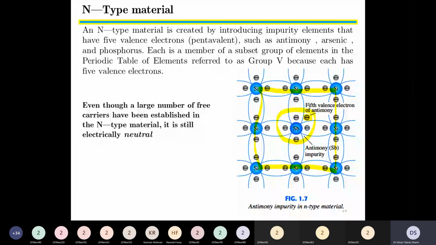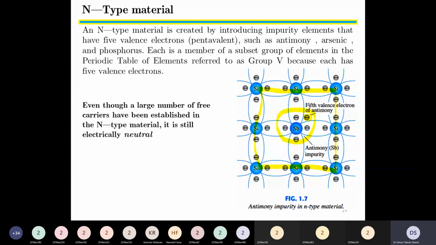Now let us discuss the intrinsic silicon. The number of electrons in the intrinsic silicon material is equal to the number of protons in the same material, so the intrinsic material is also neutral. The antimony impurity atom is neutral, and the intrinsic material is also neutral.